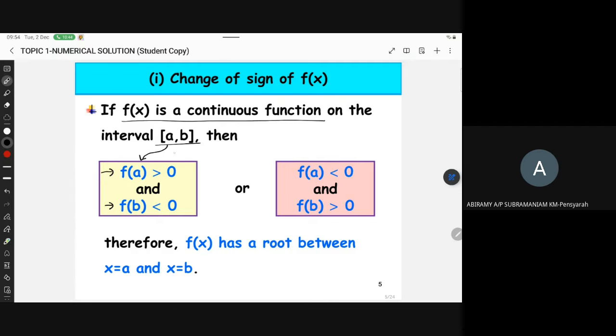Substituting the value of a in the interval into the function, and also substituting the value of b, and making sure that there is a change of sign. It doesn't matter, you can have f(a) greater than 0 and f(b) less than 0, or f(a) less than 0 and f(b) greater than 0. Therefore, f(x) has a root in between x equals a and b. This is the method we call change of sign.